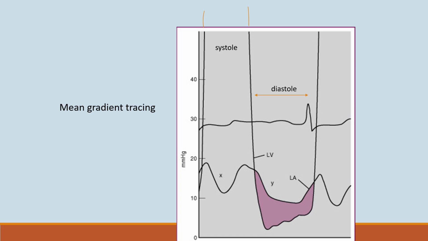It's 10 millimeters and less. Here in this tracing of this patient, it's even less than 10 millimeters. So you have a low left ventricular pressure, and the left atrial pressure is always a bit higher for blood to pass from the left atrium to the left ventricle.